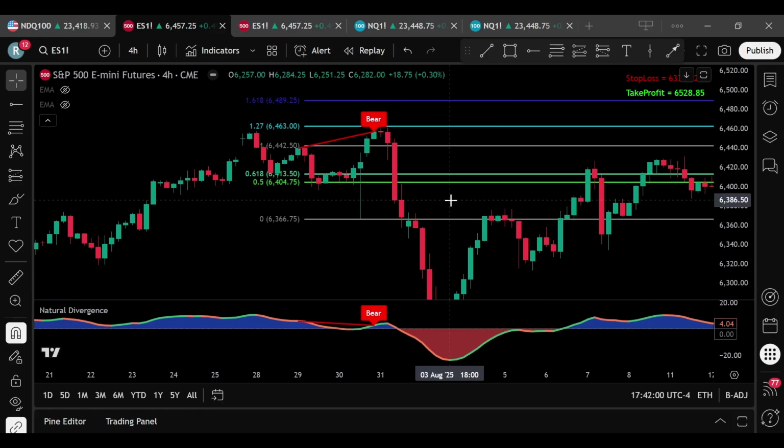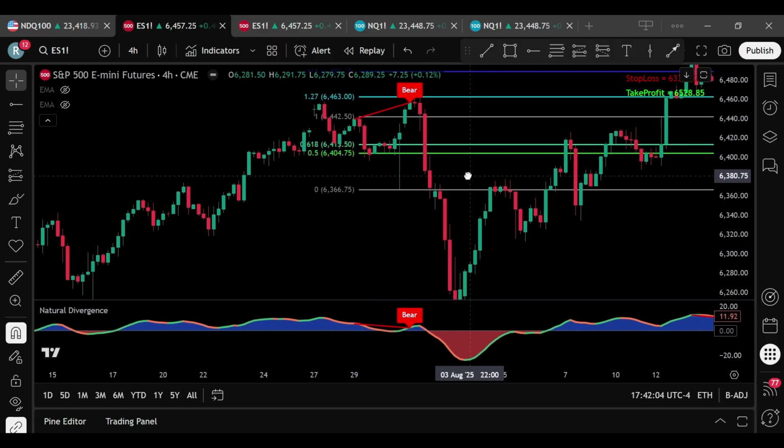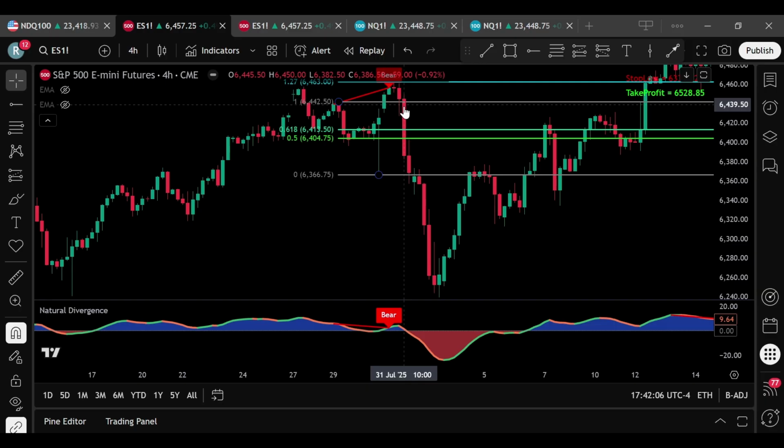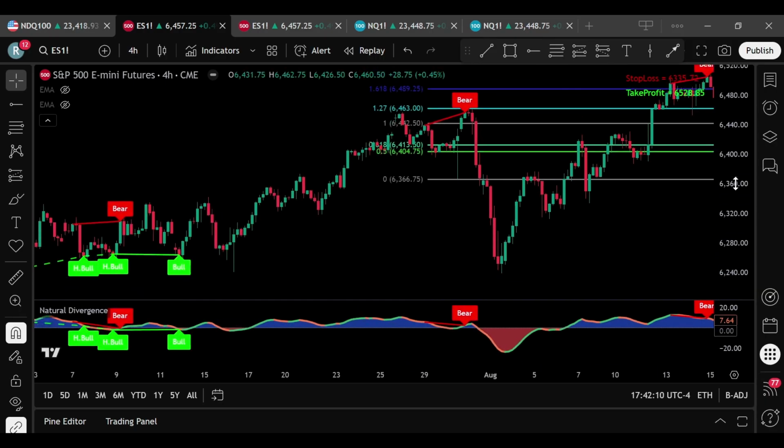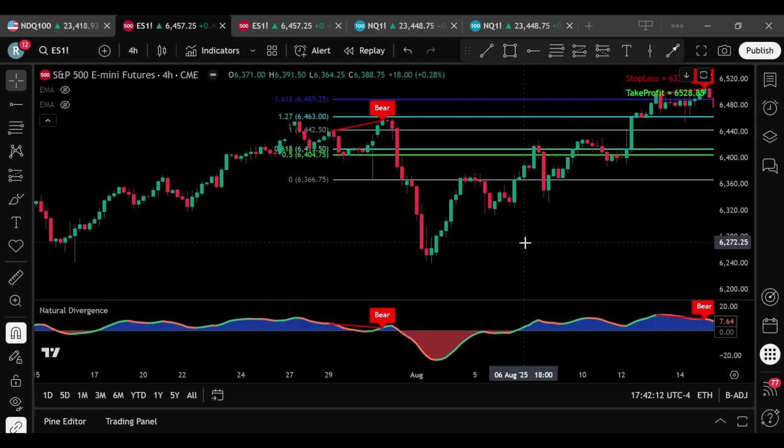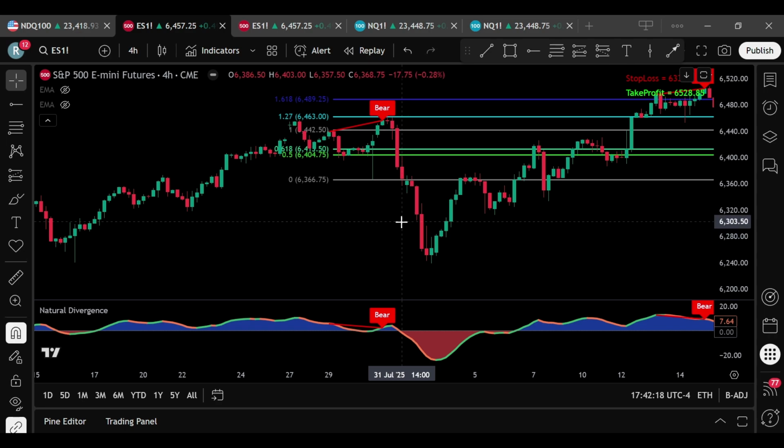Just another confirmation, and that is exactly what we see: a very strong impulsive move to the downside. Another great thing about this indicator is that since it's showing you momentum, you can ride the wave until you see it start to change again. So we see it here.